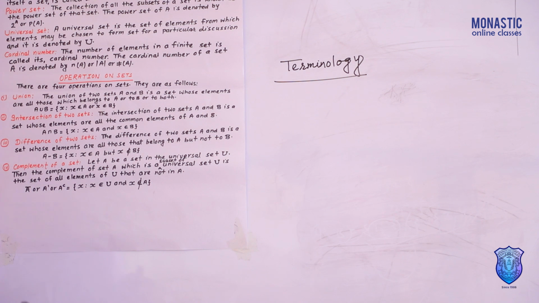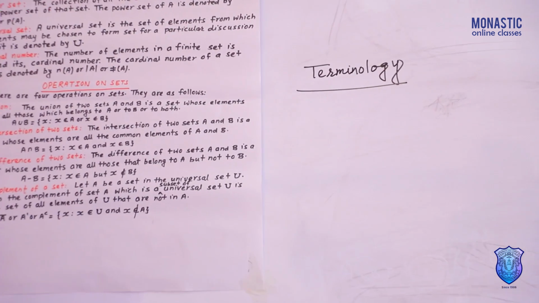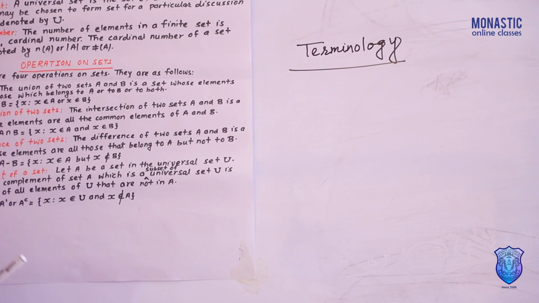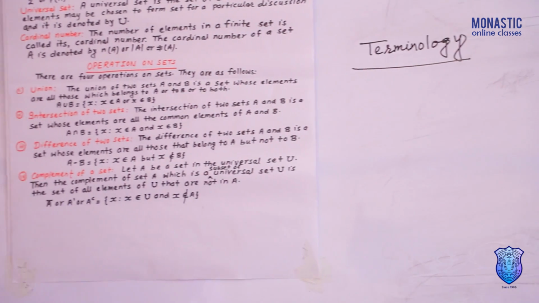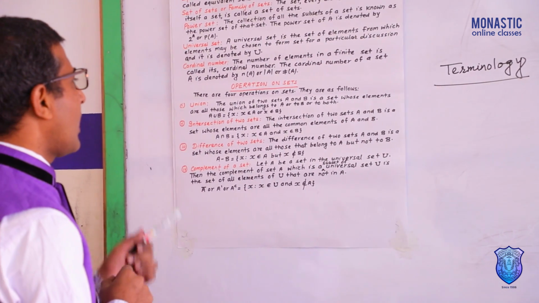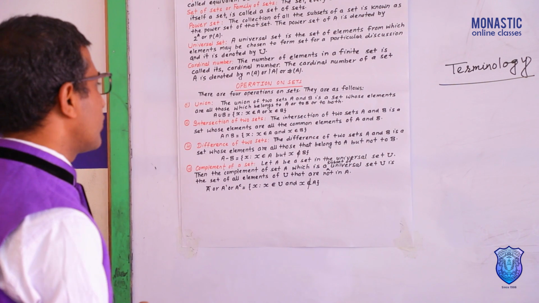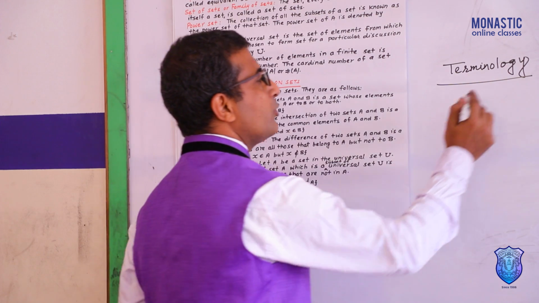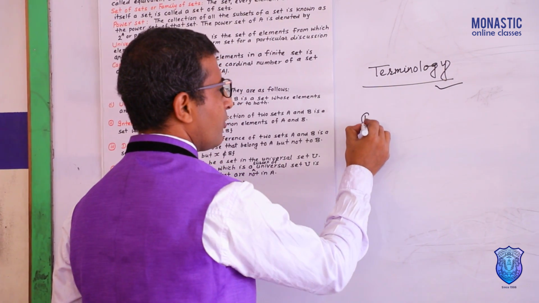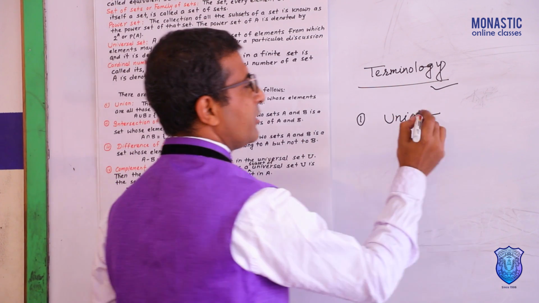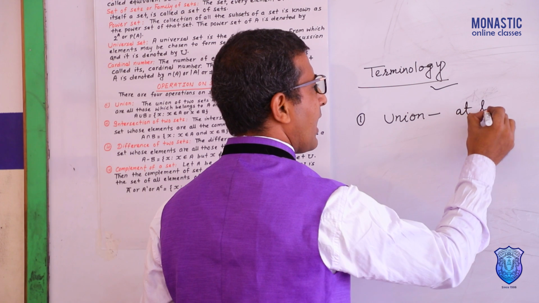For the students of class 9, you have to know the terminology, that is the words used in sets by which we will recognize which operation is given there, either union, intersection, difference, or complement. Terminology will help us.